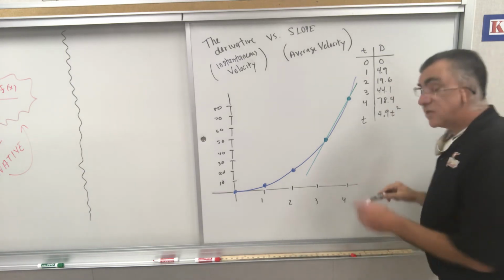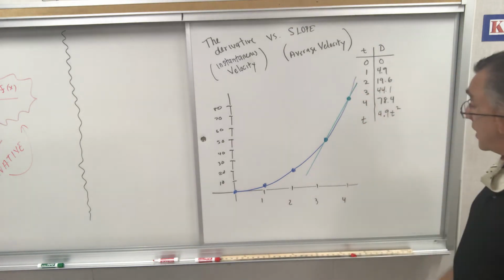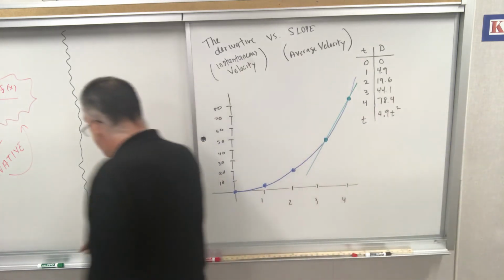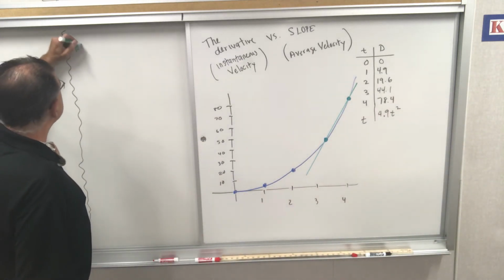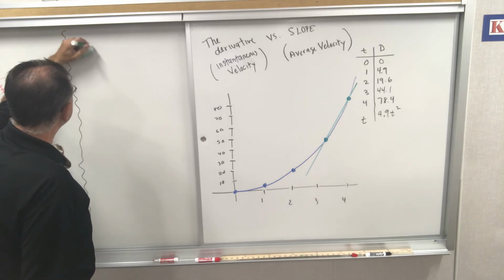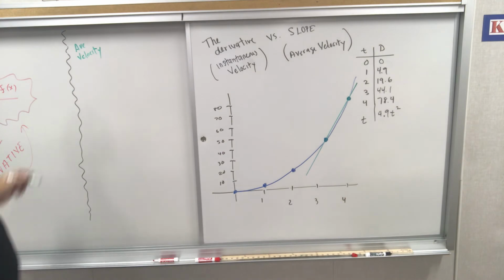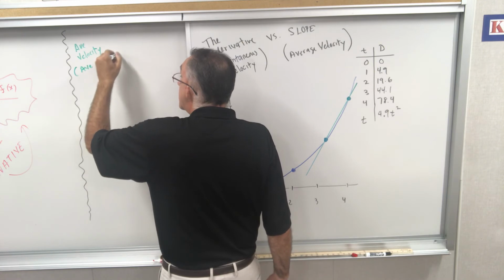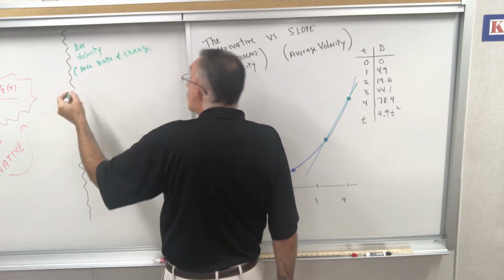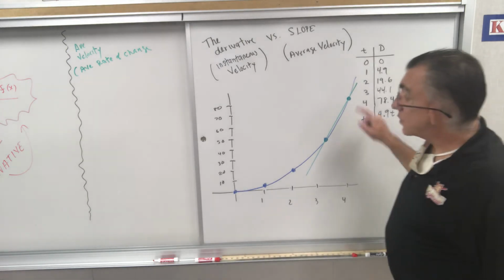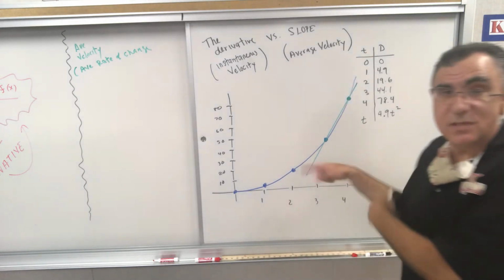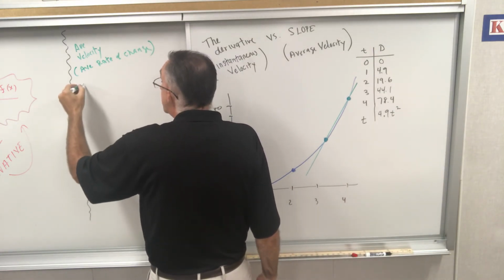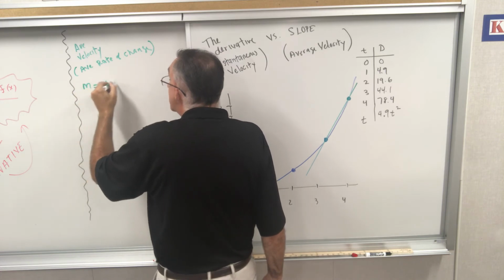Here's the difference. What would the average rate of change be between 3 and 4 seconds? The average rate of change is slope. So the average velocity, or the average rate of change, from 3 to 4 seconds, is the slope of the secant line I drew.